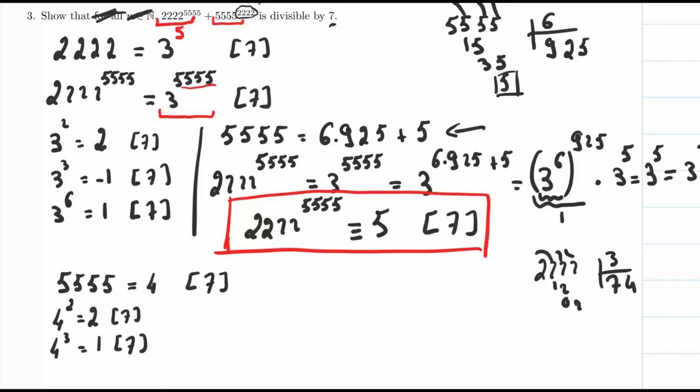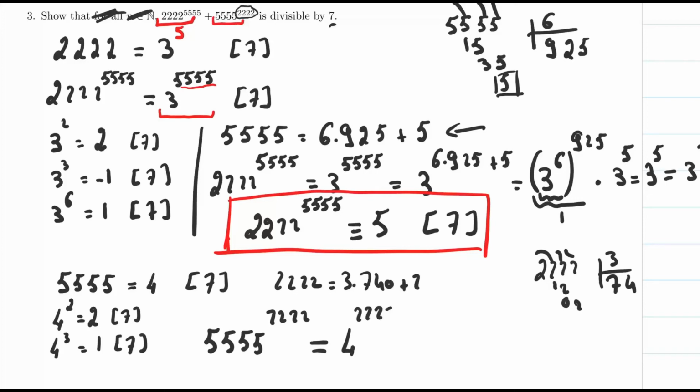And I can write that 2222 is 3 times 740 plus 2. So the number 5555 to the power 2222 is equal modulo 7, or congruent modulo 7, to 4 to the power 2222.